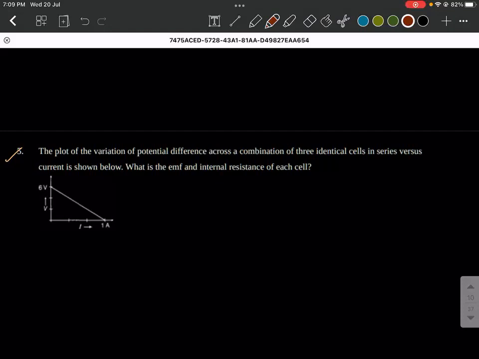What are the EMF and internal resistance of the cell? Potential difference is 6 volt.